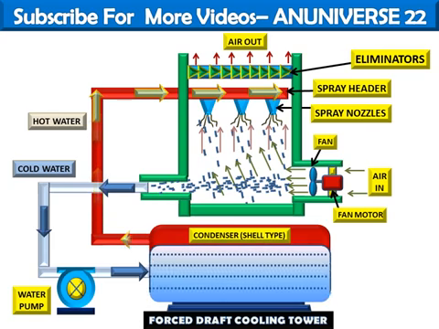Here the fan forces the air through the tower, and in its operation, as we can see, hot or warm water from the condenser is sprayed at the top of the tower through the spray nozzles, and when the fan starts to rotate, air is forced to move upward through the tower by this propeller fan provided on the side near the bottom of the tower, as we can see.